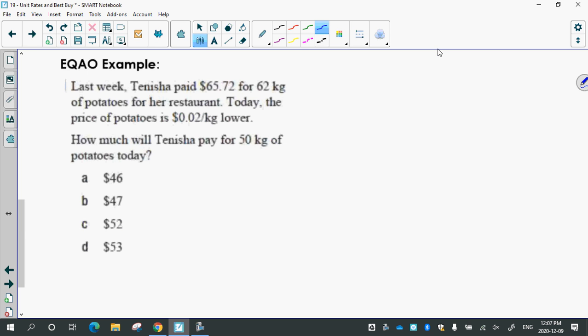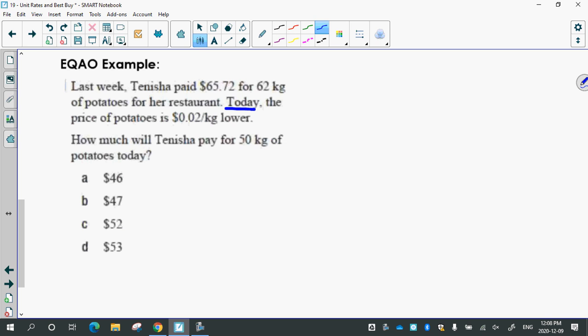Last week, Tanisha paid $65.72 for 62 kilograms of potatoes for her restaurant. Today, the price of potatoes is 2 cents per kilogram lower. How much will Tanisha pay for 50 kilograms of potatoes today?